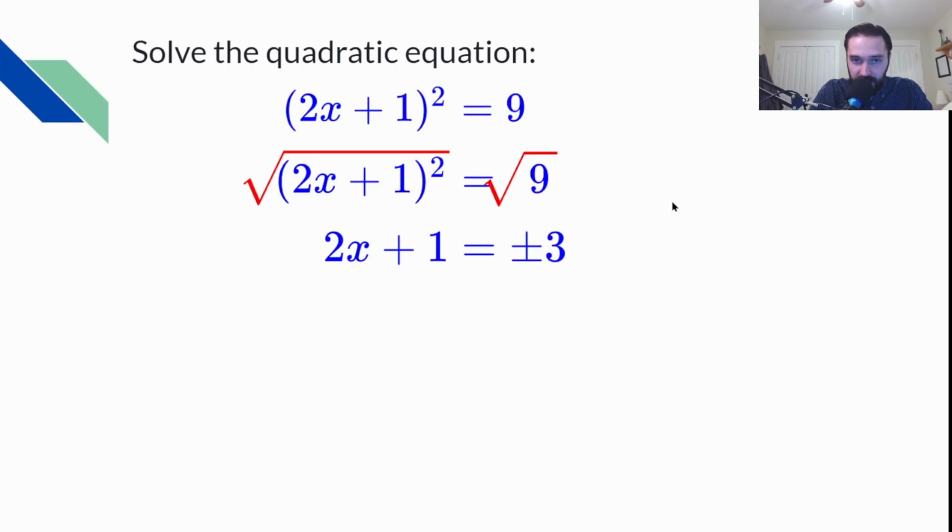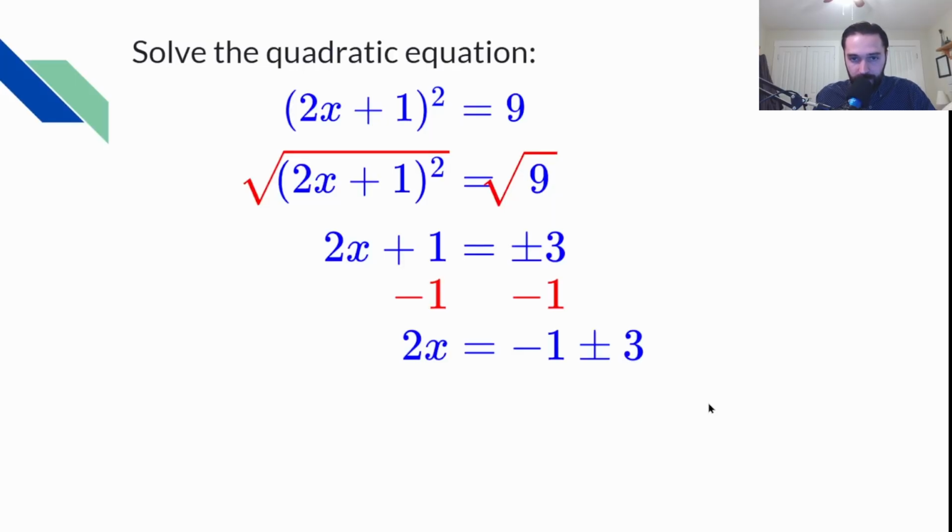Let's isolate x here. Let's subtract 1 from both sides. That gives us 2x equals negative 1 plus or minus 3. To fully isolate x, we need to divide both sides of this equation by 2.